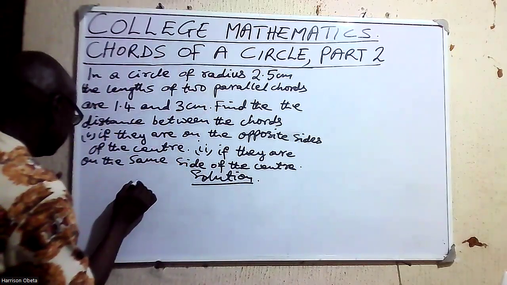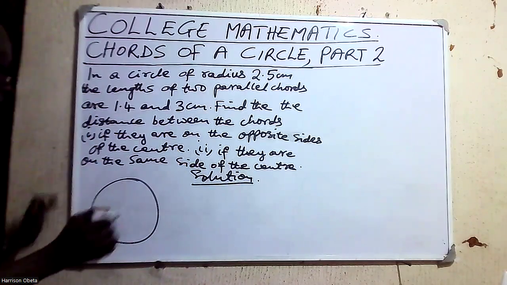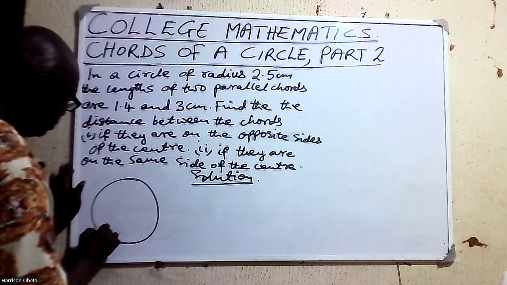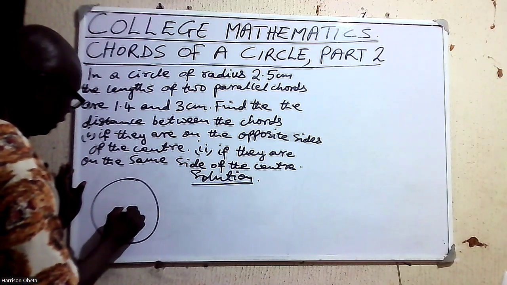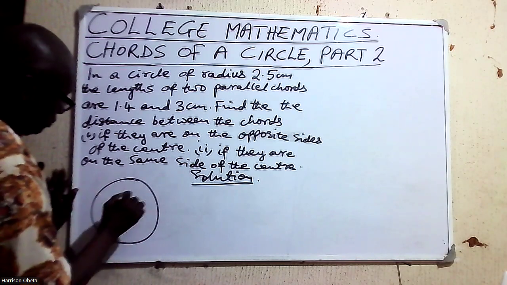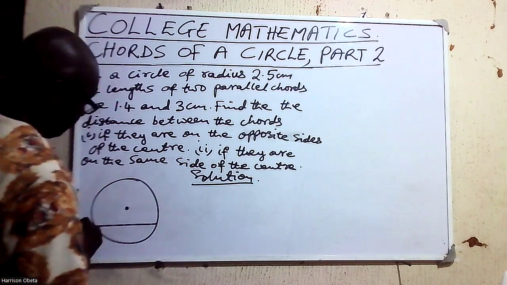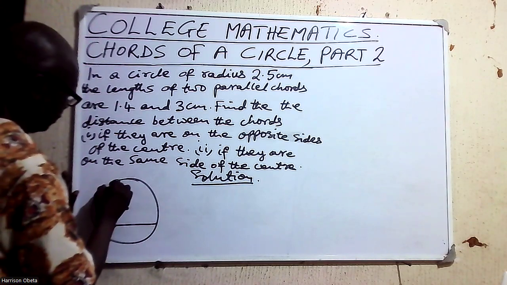We draw the circle and then indicate the chords. So let's take this to be the first. This is the center. Then we have this.